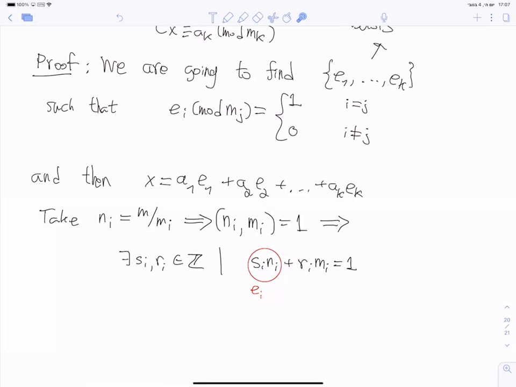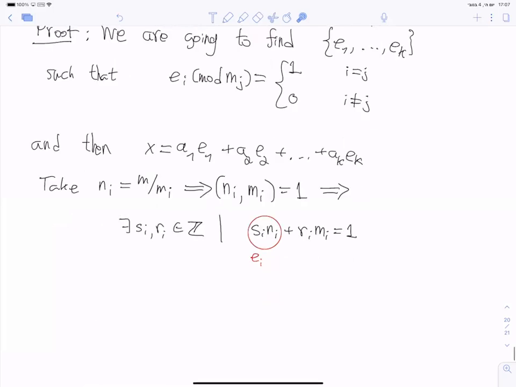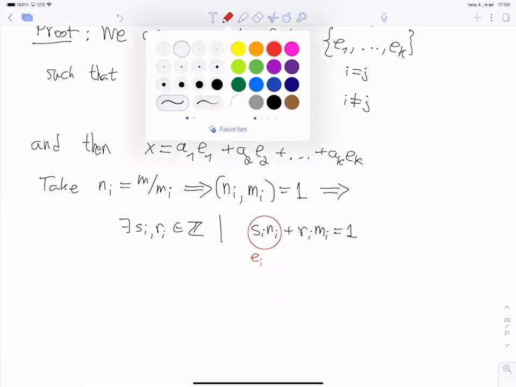So until now we've seen how to construct the solution, how to find it. But how do we know that this is unique? Until now it's the existence of the solution.